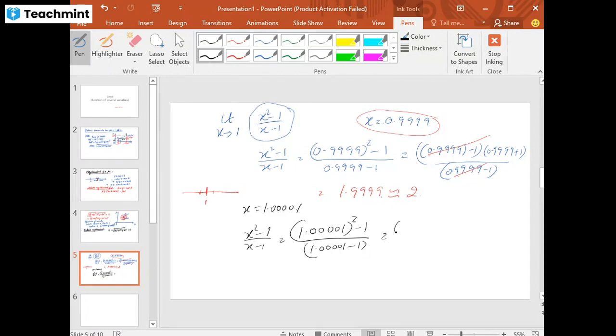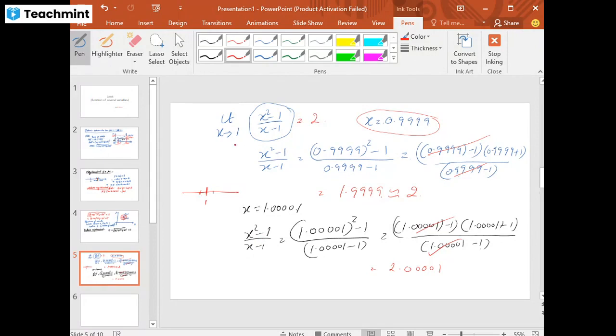Again using a square minus b square formula rather than calculating the value of the function. I'm simply using the algebraic identity here. Again, this difference is not equal to 0, so we cancel out this factor with this. So its answer comes out to be 2.00001. So what does it mean? When the value of x is very close to 1, then the value of the function approaches to 2. So it means that the limit of this function is 2.